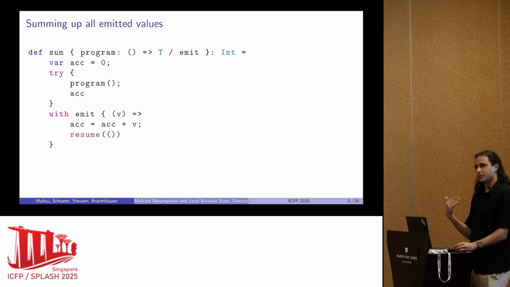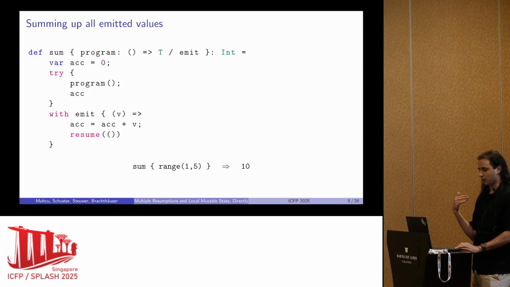Then it installs a handler where it runs the program and returns the current state of the accumulator. And the handler takes care of adding the value to the accumulator and resuming with unit. And if we now call sum on the range of 1 to 5, we get the output 10 as expected.